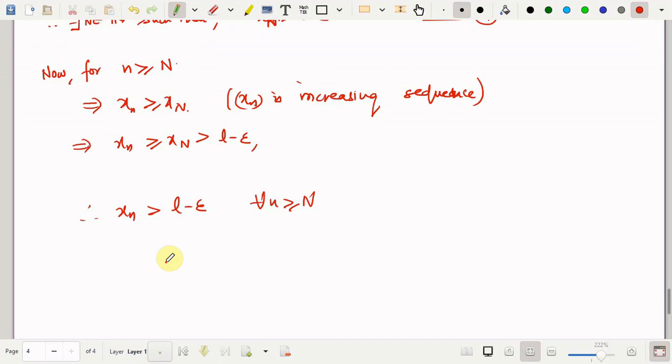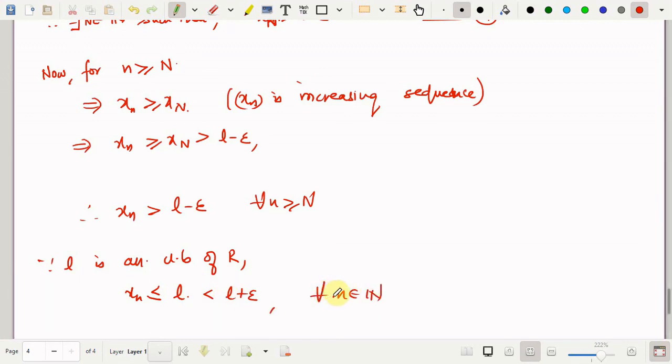Okay, so since L is an upper bound, or in fact we are not using the fact that it is the supremum, xn has to be less than or equal to L. Okay, and you know that this epsilon is a strictly positive quantity, therefore this L has to be strictly less than L plus epsilon, because you are adding a positive quantity to L. So we have this, and this is true for all n, there is no restriction.